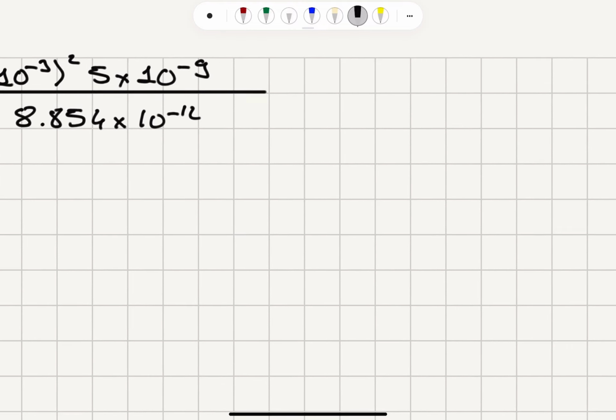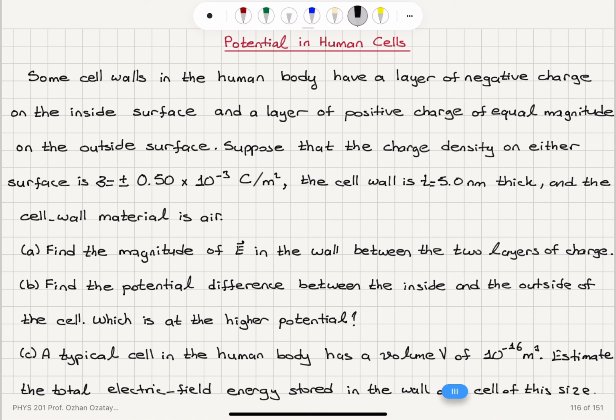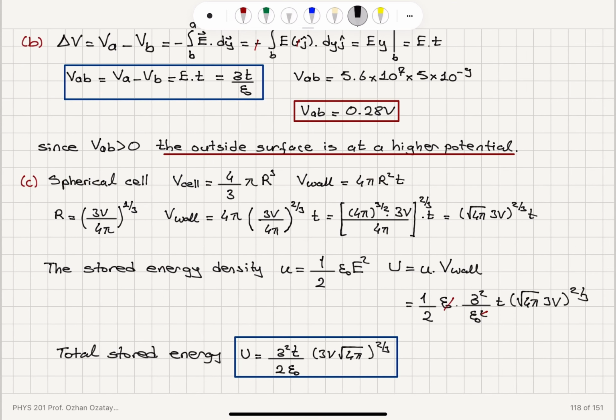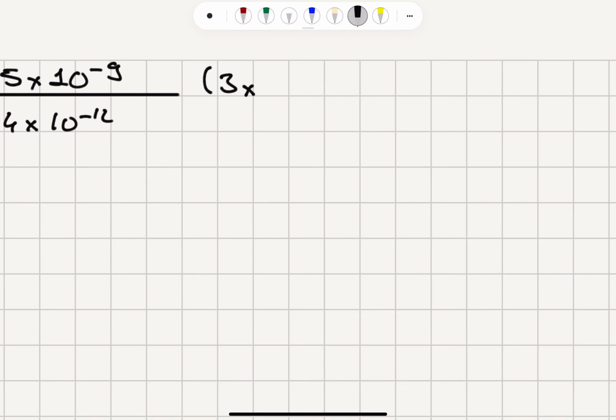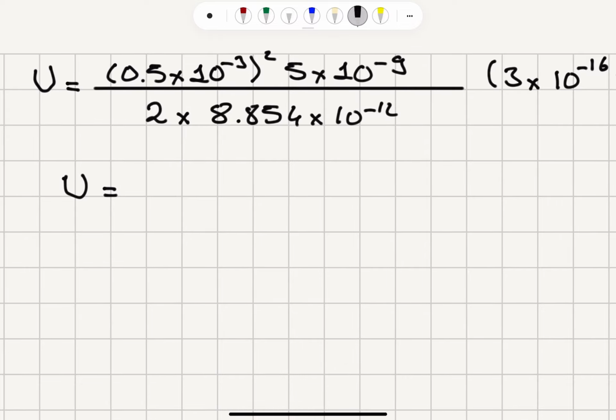And then we have 3V. How much was the volume? The volume of the cell is 10 to minus 16 meter cube, remember. So this is 3 times 10 to minus 16 times square root of 4 pi to the power 2/3. And the energy we calculate here, U, is equal to 7.4 times 10 to minus 15 joules.